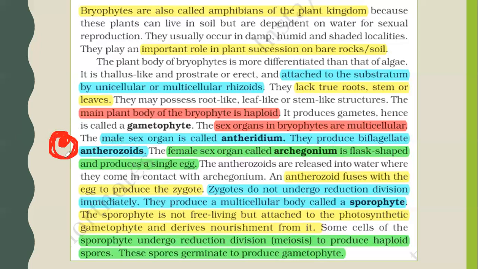This zygote will germinate to form the sporophyte. And this sporophyte will produce spores, and from those spores again you will get the gametophytic stage. Clear? That is actually meant over here.